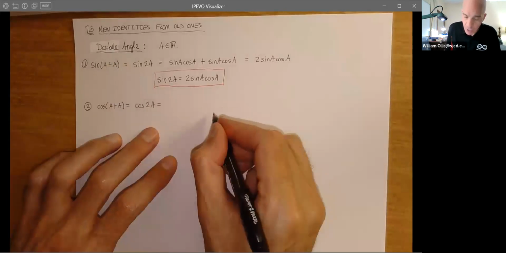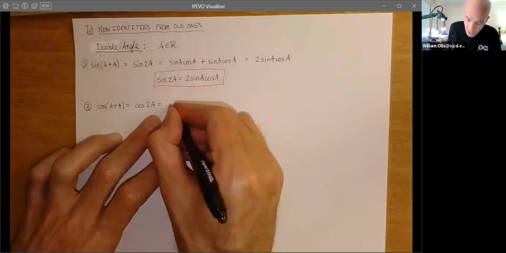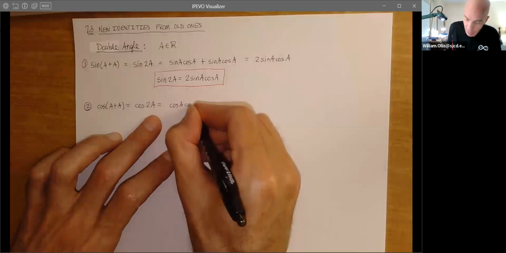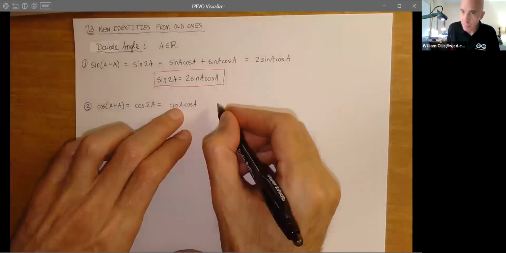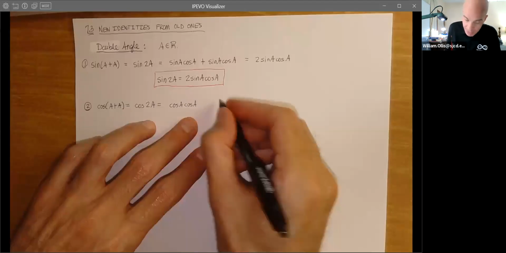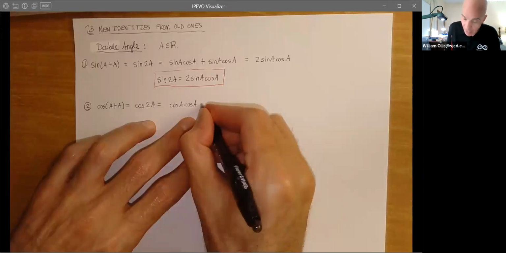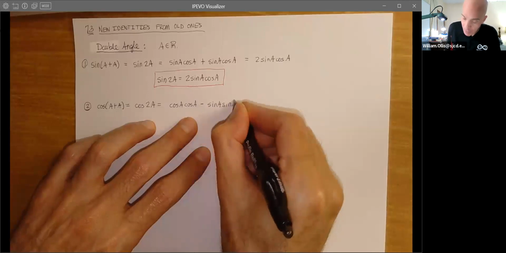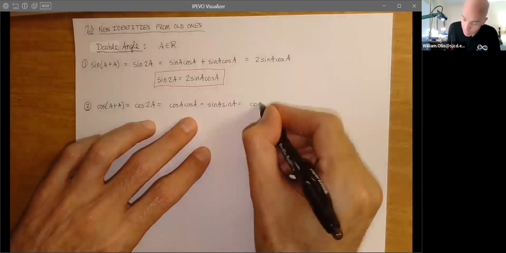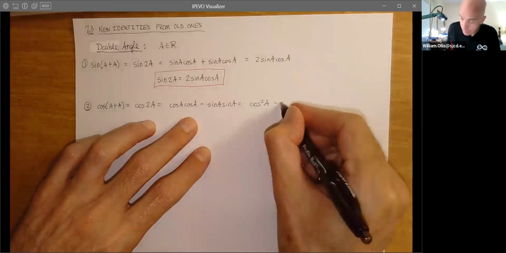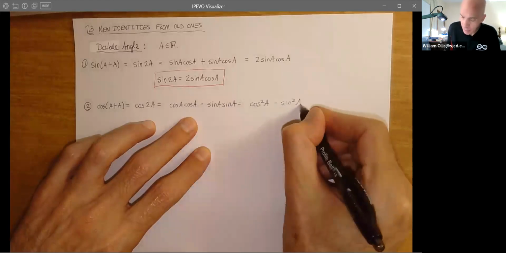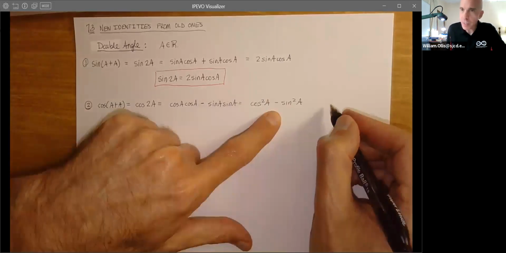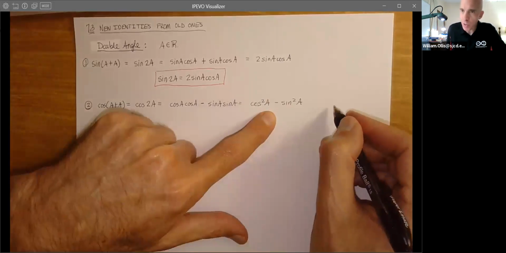So now when we do this, we say, okay, well, this is just cosine A cosine A because instead of having cosine A cosine B, we have the same argument. And then we have what? Minus sine A sine A. But that's just cosine squared minus sine squared. Oh, isn't that crazy? So cosine of the double angle is just the difference between cosine squared and sine squared.